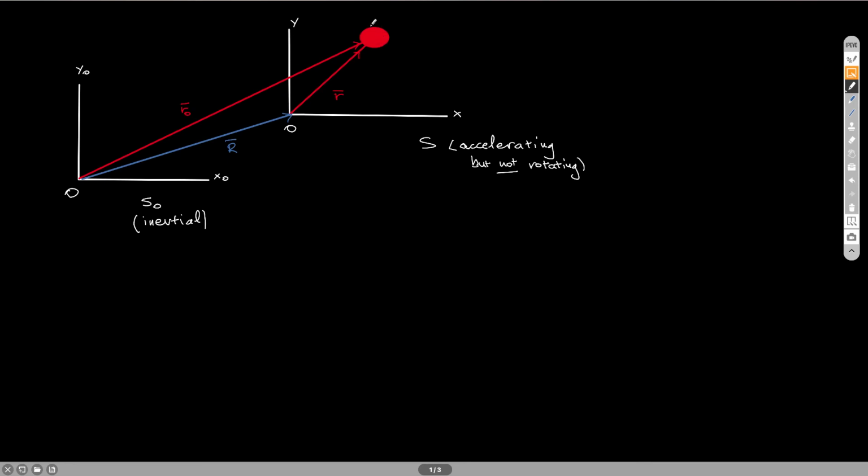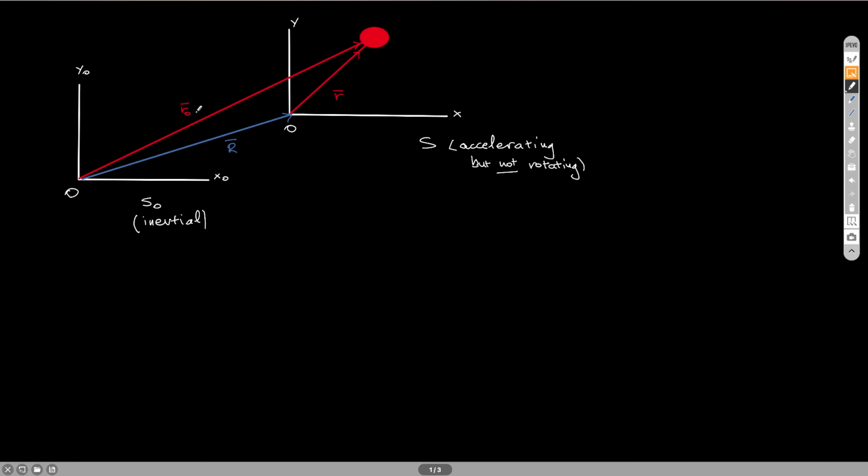Now here is my object, whatever that may be. I don't really care at this point. I'm just going to show you how you can use Newton's second law in an accelerating but not rotating frame of reference. So here is my object, and I am showing some position vectors in this picture.